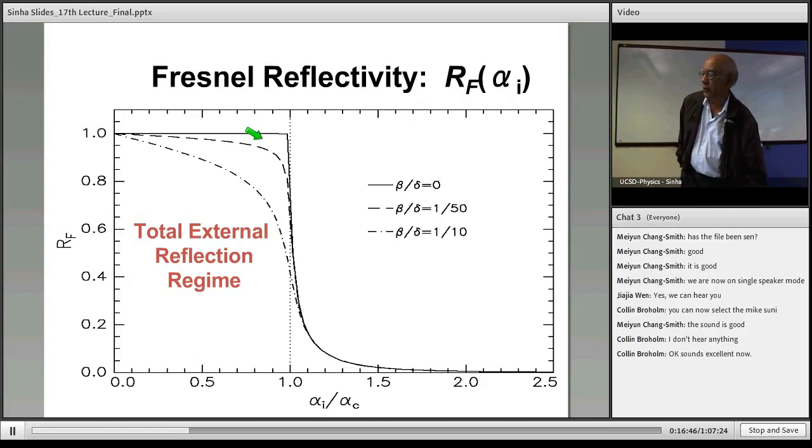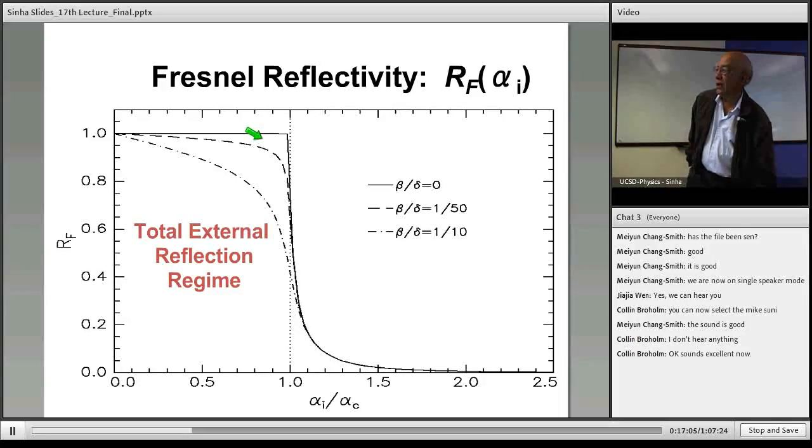So this Fresnel reflectivity is the idealized case of reflectance from a medium which has a completely smooth and flat surface and is completely uniform.